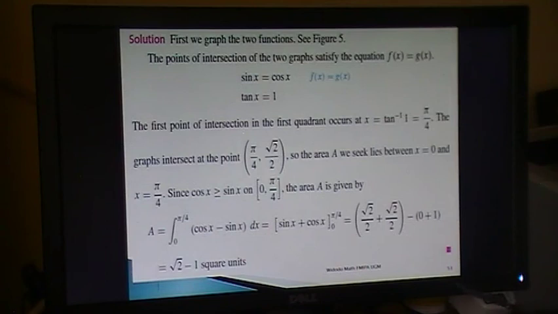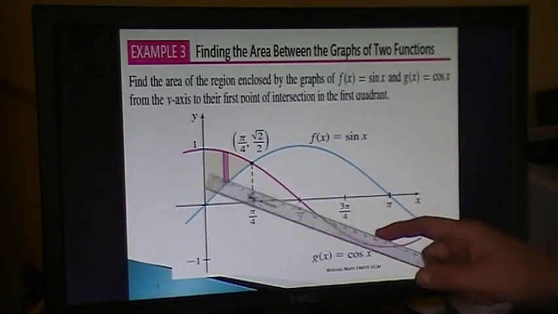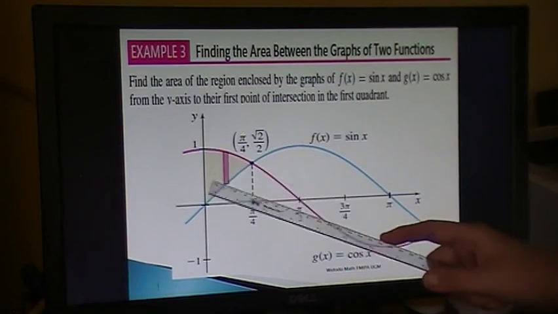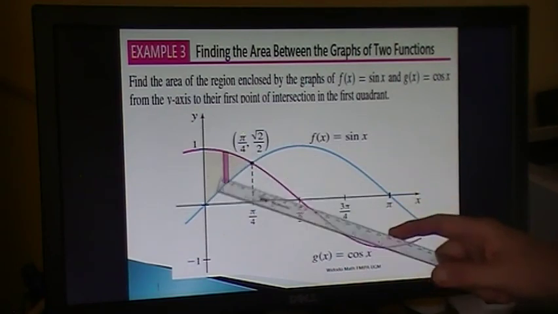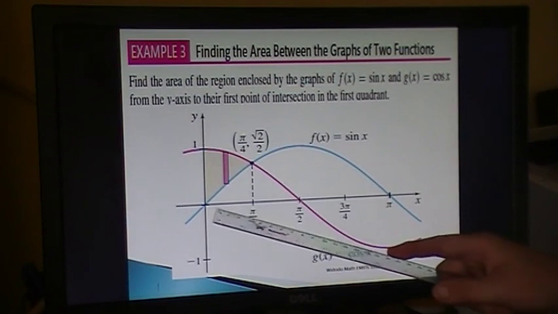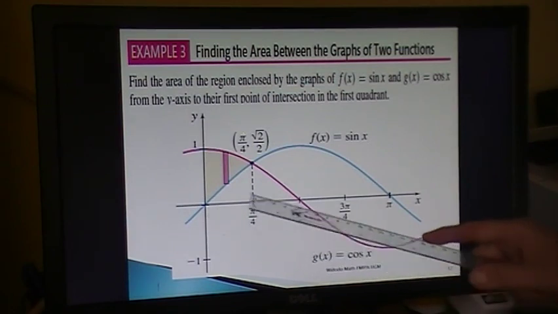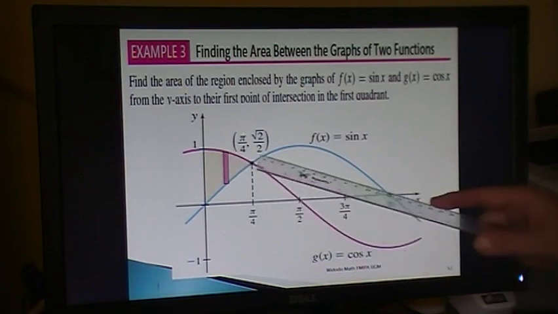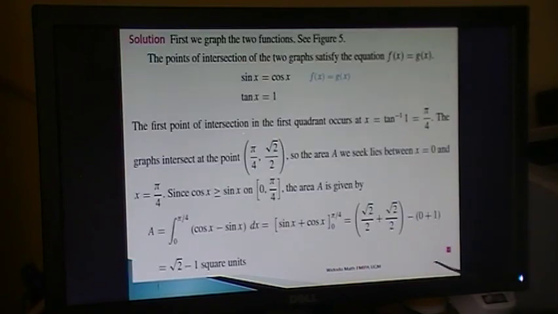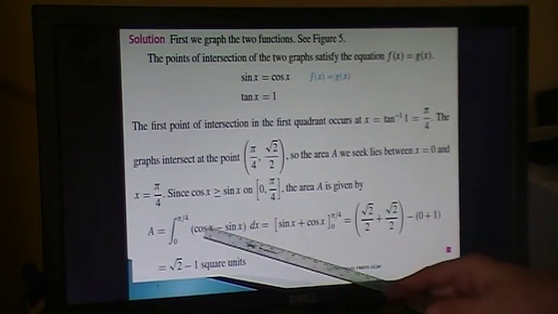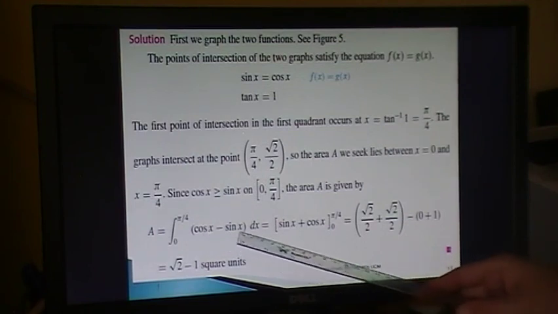It is very easy. So the shaded area here, I think we want to count the shaded area. The shaded area is equal to the integral from 0 until π divided by 4 of cos minus sin. That can be described as sin minus cos evaluated at the limits.